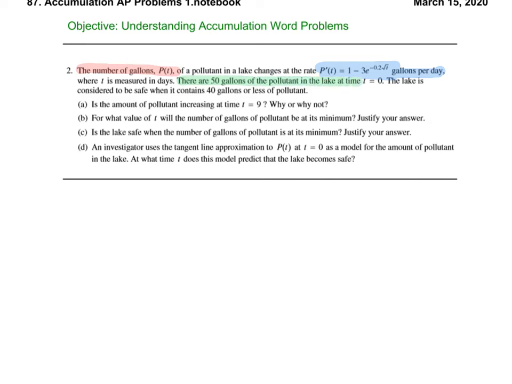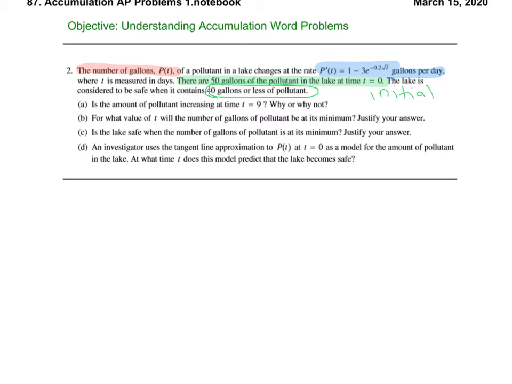All right, so that's our initial. So let's label that initial. The lake is considered safe when there are 40 gallons or less of pollutants. That's kind of this other thing that differentiates this from some of the other problems. So it changes at a rate, and then initial, and P of T is the total number of gallons of pollutant.